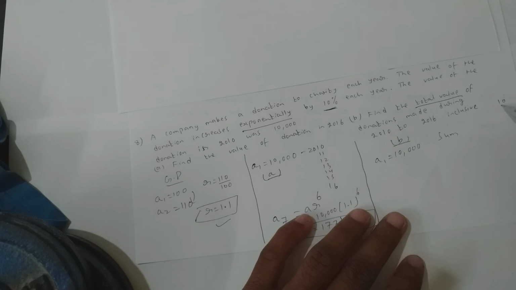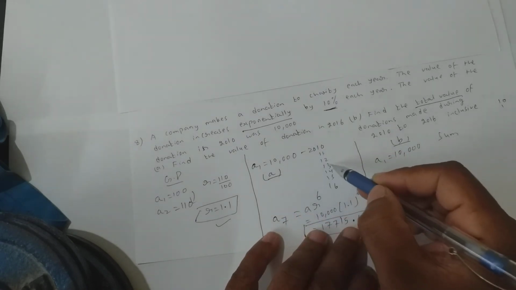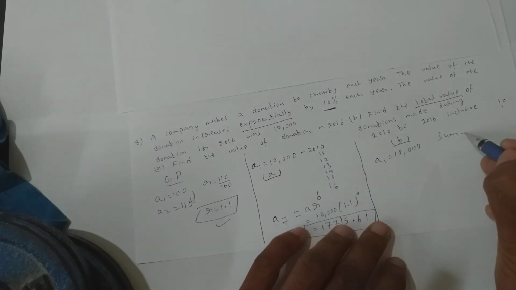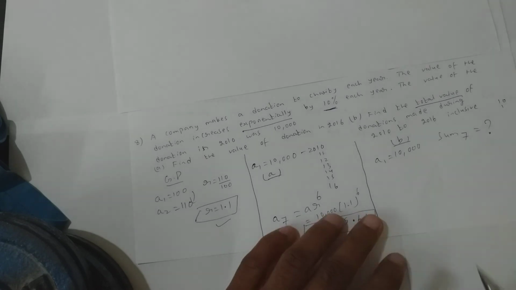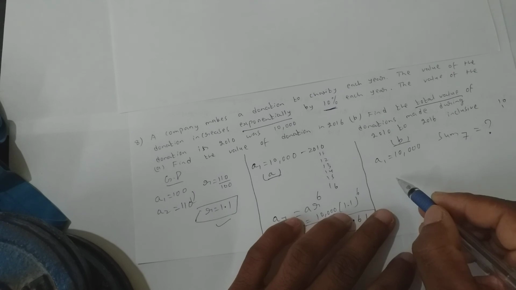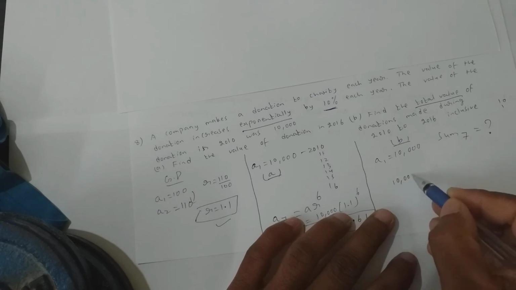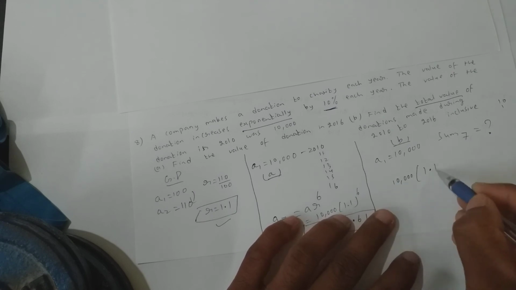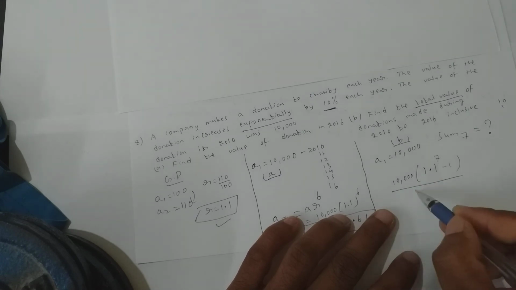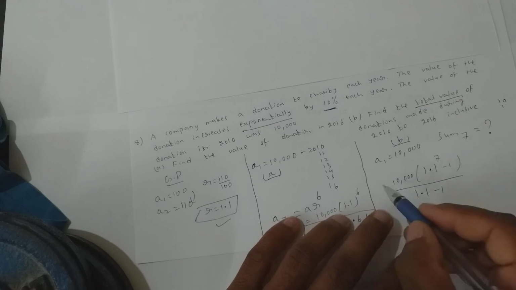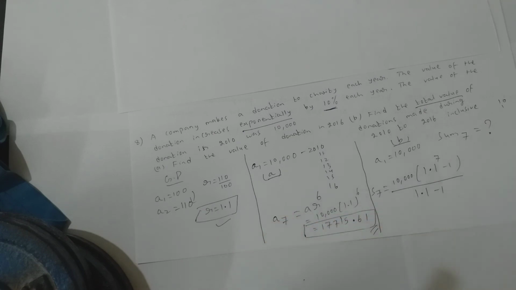So write it down. 10 already we wrote. 1, 2, 3, 4, 5, 6, 7. So they are asking S7 equal to how much. So formula for S7 in GP is A into R power n, so 10,000 into (1.1 power 7 minus 1) by (1.1 minus 1) is your S7.